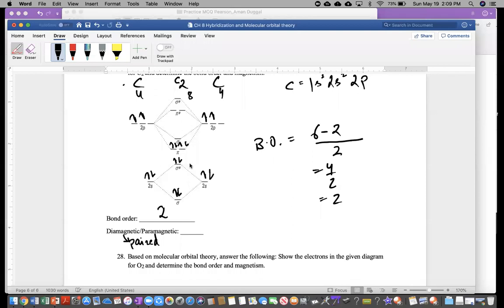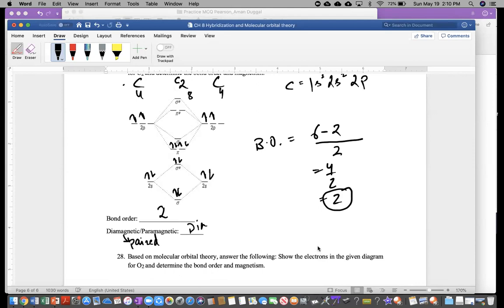So what do you see here? Are these paired or unpaired? Paired. So the answer is diamagnetic, yes, which I wrote down too. Why did you write that down where the bond order is? Here, we just did the calculation. So there's 2.